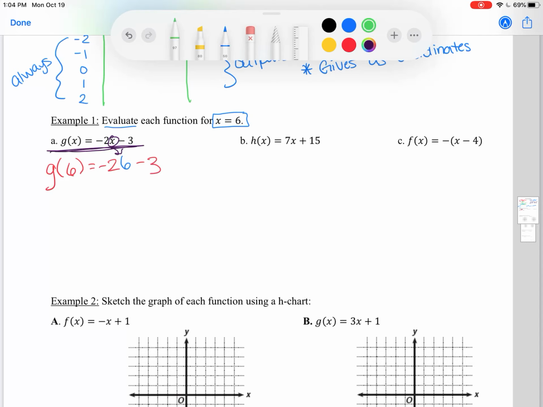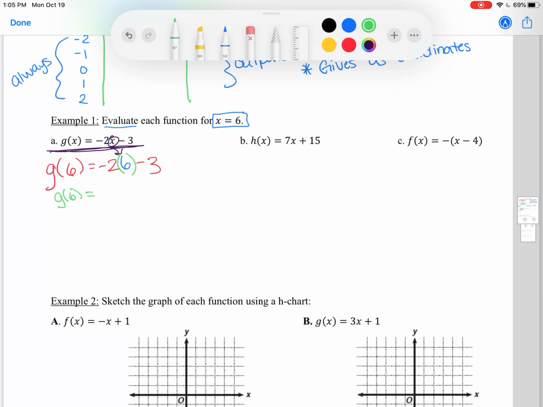But if you were to read this problem to me out loud, you would say -2x minus 3. And when you say -2x, you would tell me that the operation that's happening is multiplication. So in order to remember and keep track that this is multiplication, I have to use parentheses. Whenever you replace something, always be sure to use parentheses. And now we can use our calculators and we just solve.